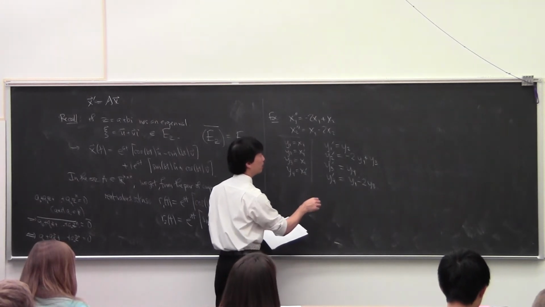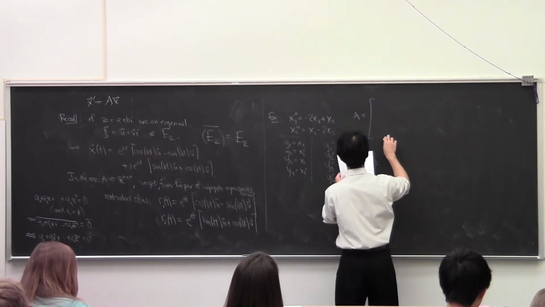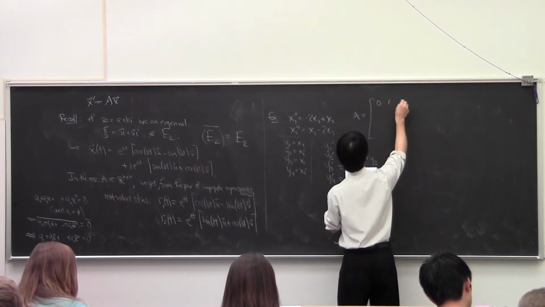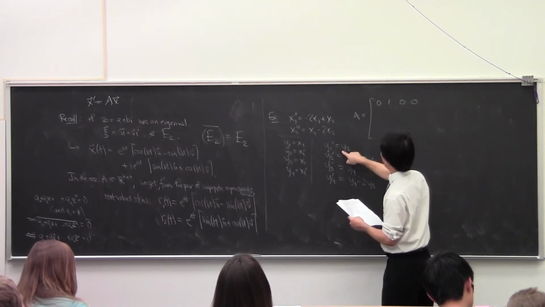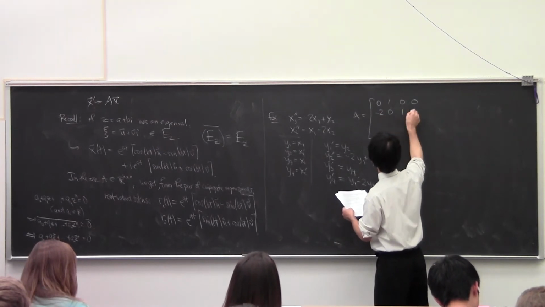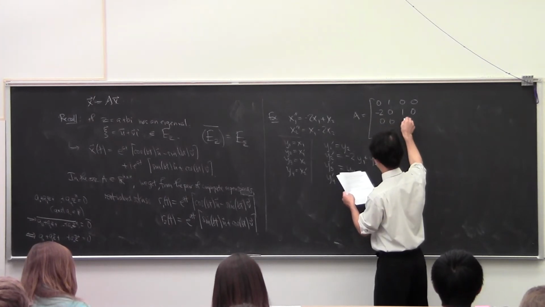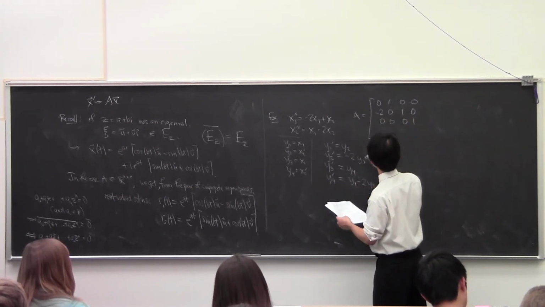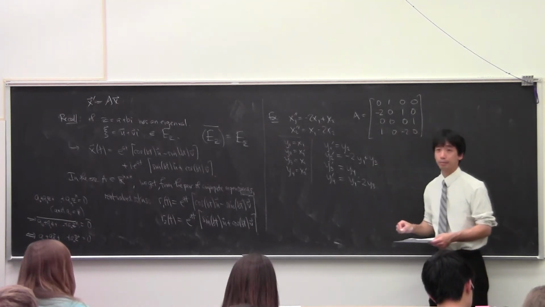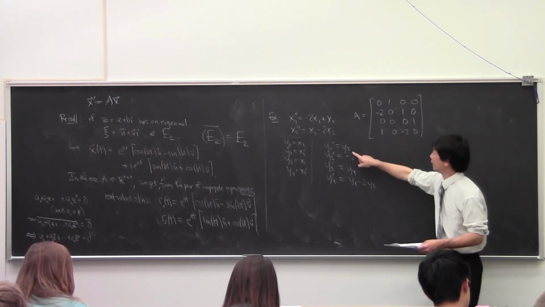And so you see what we get. The matrix is going to look like this. 0, 1, 0, 0, right? Y1 prime is y2. We get negative 2, 0, 1, 0. We get 0, 0, 0, 1, and we get 1, 0, negative 2, 0. And you know where you got that from? It's right here.